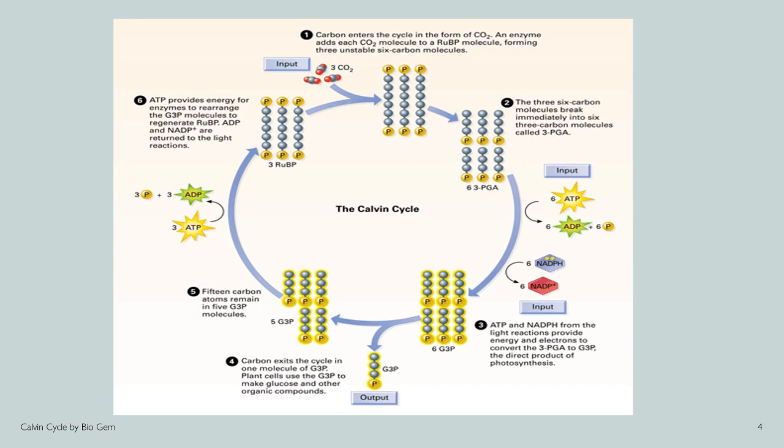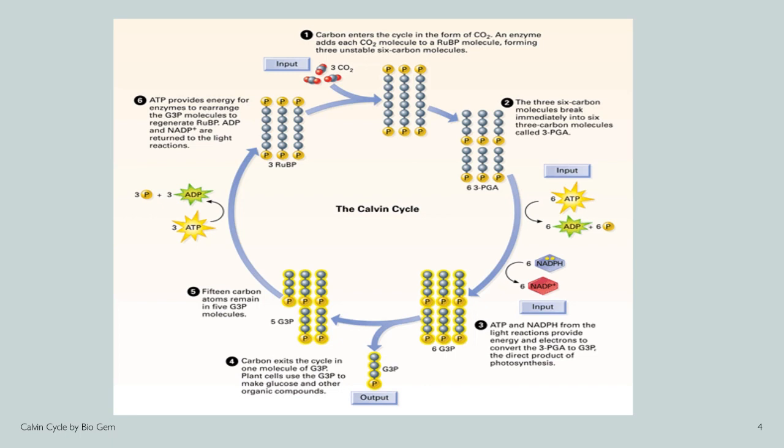When glycerate 3-phosphate is formed, it is reduced, and NADP becomes a carrier again and is removed from the reaction. So one molecule of glycerate 3-phosphate is lost, and the same compound is now called triose phosphate.